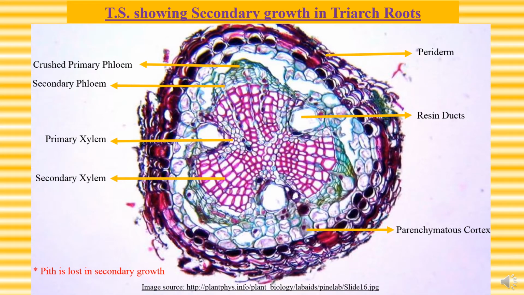Now, here is a microscopic picture of TS of old Pinus root to show secondary growth. Here you can see dark and compactly arranged cells. It is the outermost layer, periderm, which is formed by the cork cambium on the outer side.